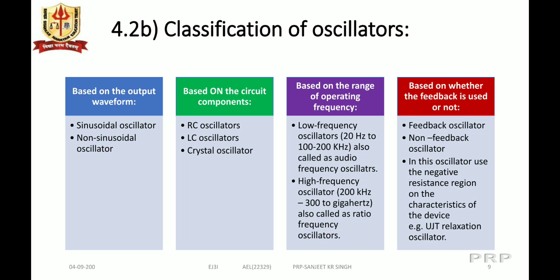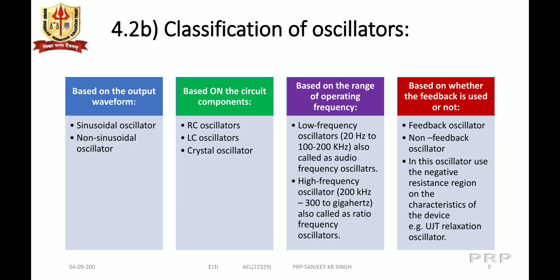Now, based on the range of operating frequency, we can also classify the oscillators. The first one is the low frequency oscillator that could produce output of 20 hertz to 100 or 200 kilohertz, and is also called audio frequency oscillator that covers the 20 to 20 kilohertz range as well.